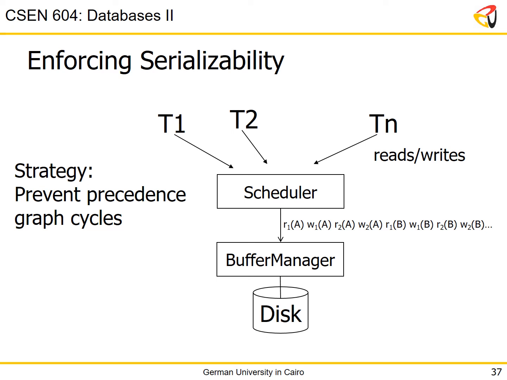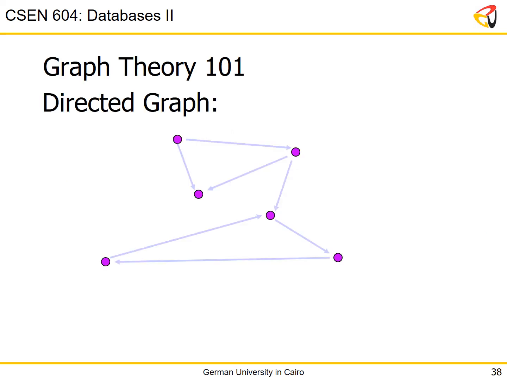Because maybe when it just appends this new transaction and does the swaps that it usually does, there is a problem: it's not a conflict serializable schedule anymore, or a conflict equivalent schedule anymore. So it keeps constructing this graph as transactions arrive and looks for cycles to make sure that it is conflict serializable.